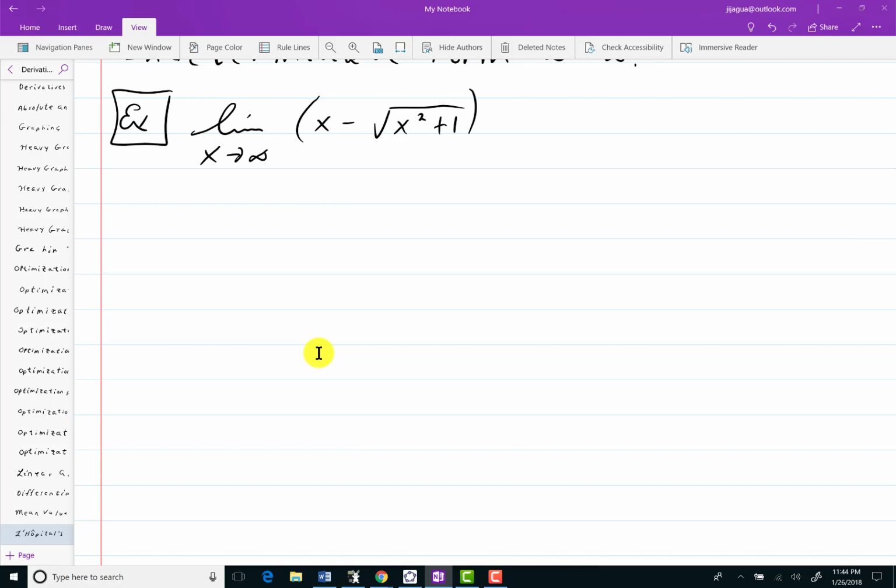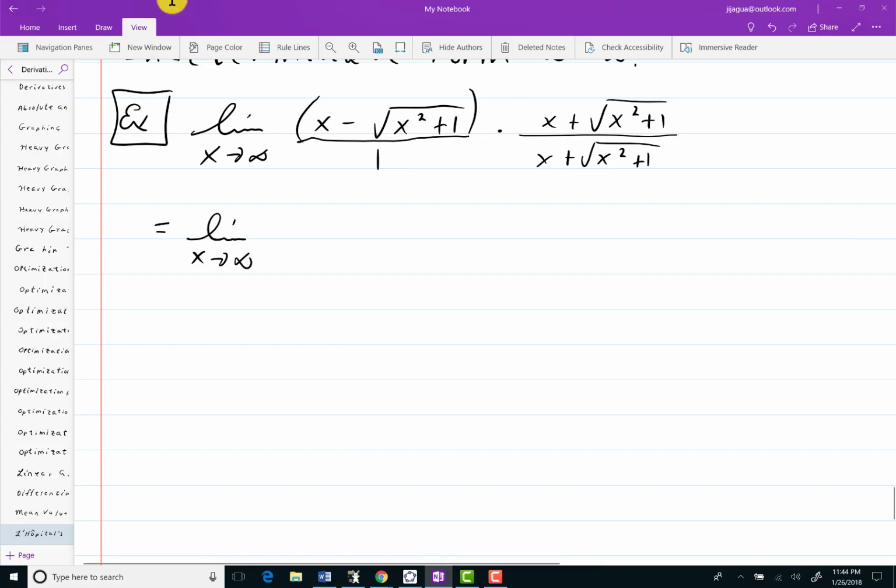The trick is this. I'm going to write this as over 1, and then what I'm going to do is multiply by the conjugate. We saw this in some tricks that we were doing before, but we didn't end up doing L'Hopital's rule. We played around with exponents and things like that. Well, the numerator is easy because it's a difference of squares formula.